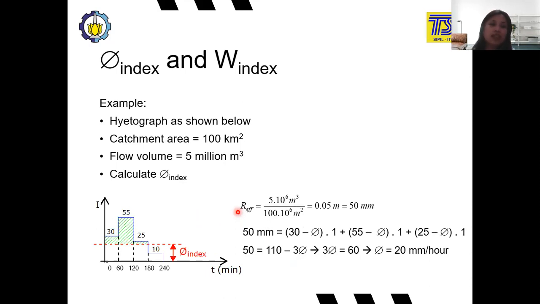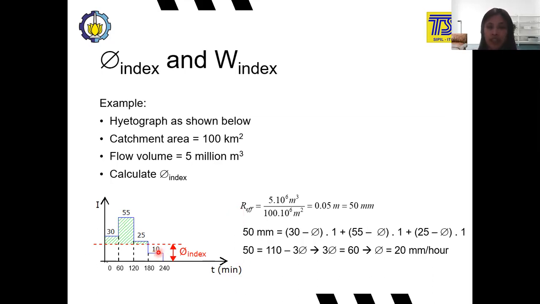For example, here we have data from the hydrograph. I hope you still remember the hydrograph. The hydrograph is the graph connecting the intensity of the rainfall with the time duration of the rainfall.